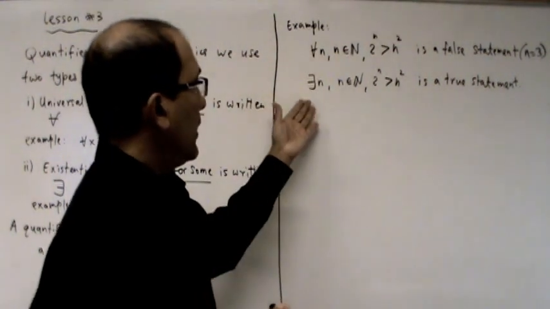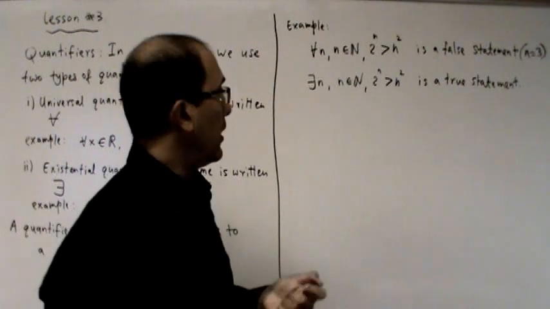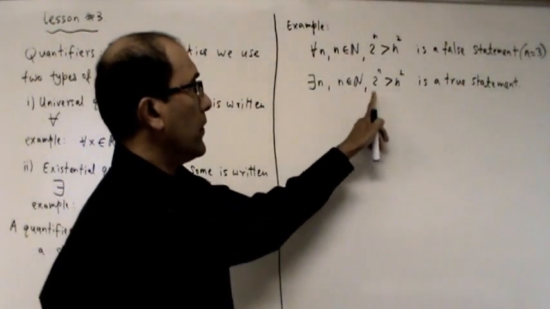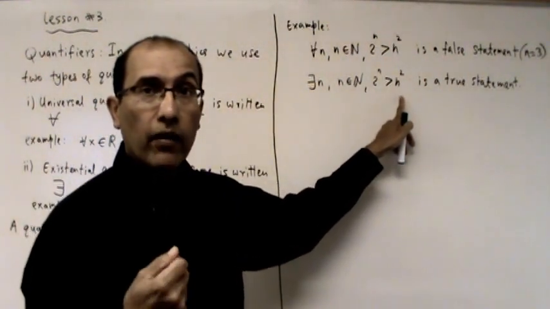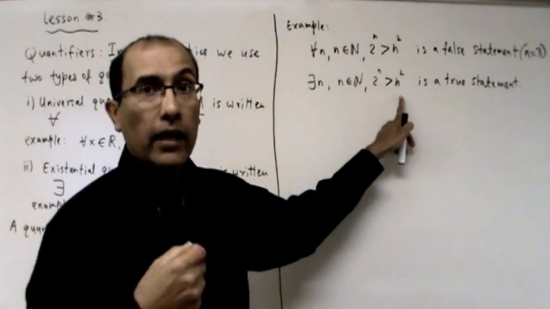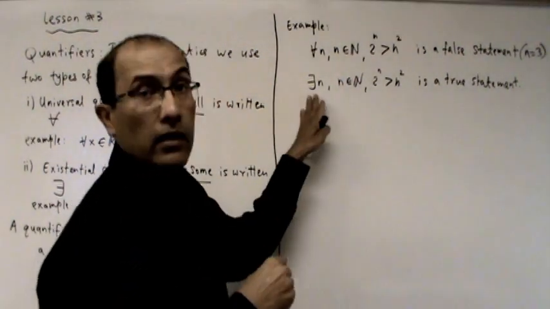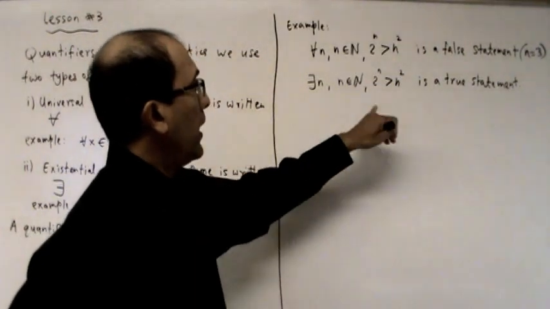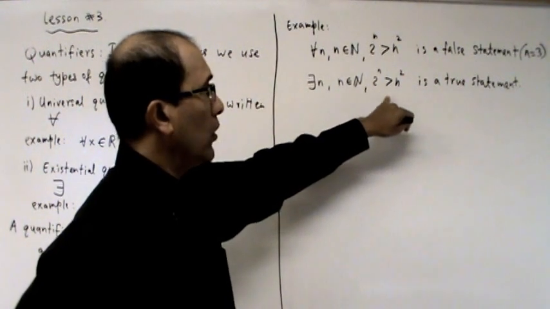And here we have a true statement, because it is now quantified. It says for some n, 2n is bigger than n square. When I say for some n, I only need to produce at least one. If I can produce one, then the for some quantifier holds true. So here I can say n equals 1.